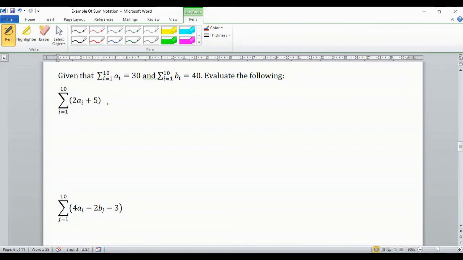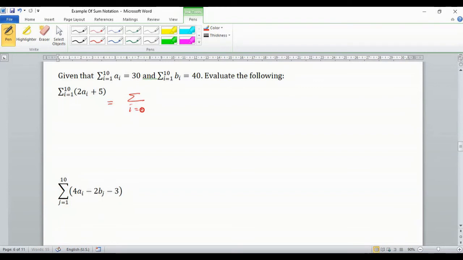From here, we can use property number 3, so we can divide it into sigma i equals 1 until 10 of 2a_i plus sigma i equals 1 until 10 of 5. Then we can use property number 2: this is equal to 2 times sigma i equals 1 until 10 of a_i plus, this is just a constant, everyone.